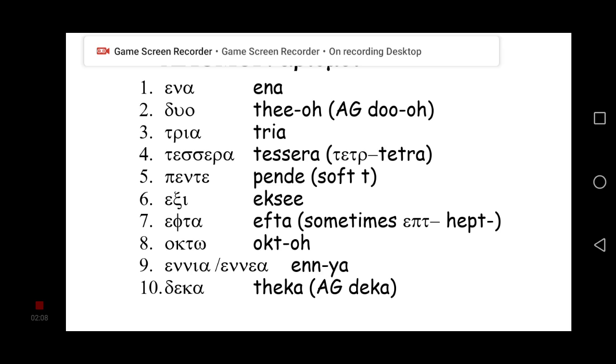Tria, triangle, that might be self-explanatory. Tessera, that sound can also be a t sound as well. It's where we get tetra from, like the game Tetris. Penta, now again the T is a bit of a D sound in modern Greek, a bit softer. Exi, which is 6. Efta, which is 7.